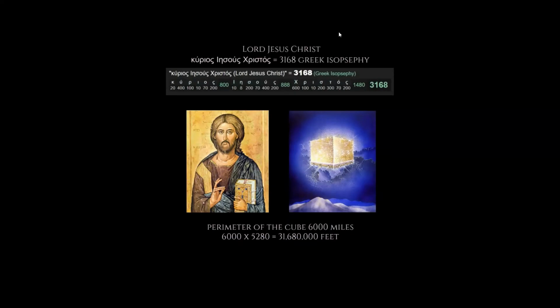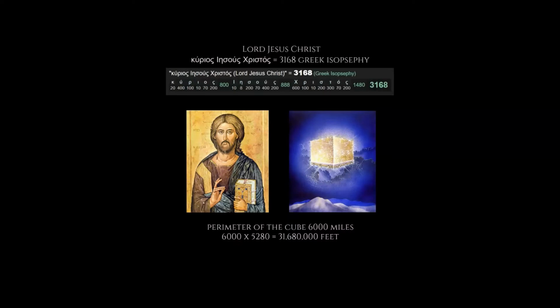So if we take a look here at the Greek isopsophy, the Greek gematria of Lord Jesus Christ, it sums to 3168. And you can't just put this into an English to Greek calculator. There's a little bit of a discrepancy here if you use that.